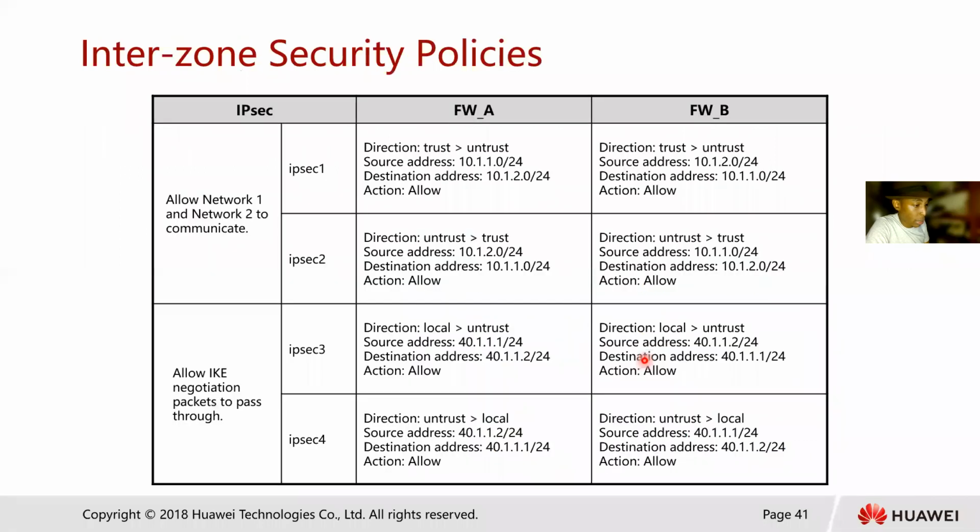Remember that these are things you need to do on the 2 firewalls for interzone security policies. These are parameters you need to set to allow network 1 and network 2 to communicate, and also to allow Internet Key Exchange negotiation packets to pass through for IPsec 1, IPsec 2, IPsec 3, and IPsec 4. That is how you set it up.